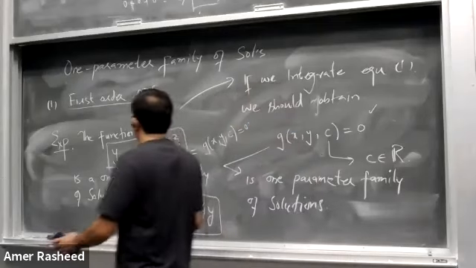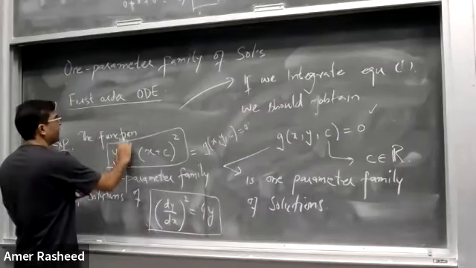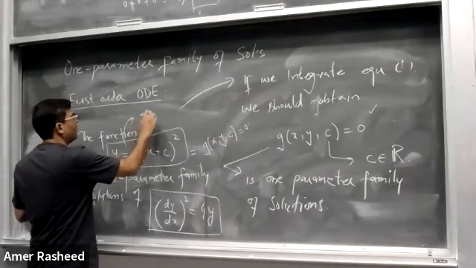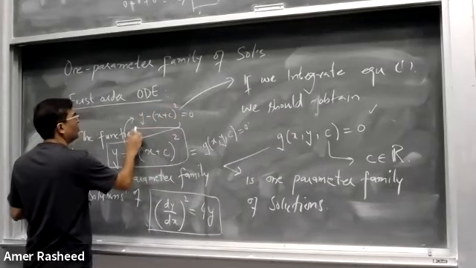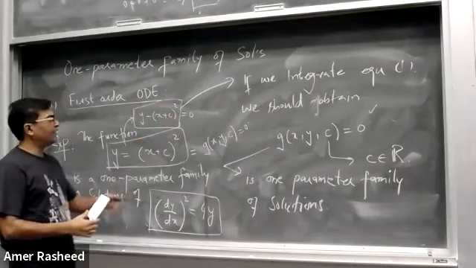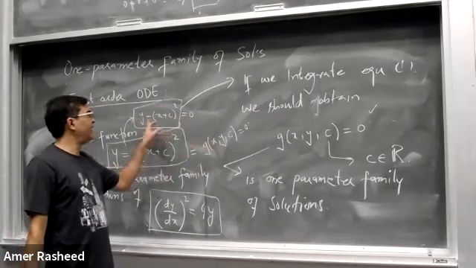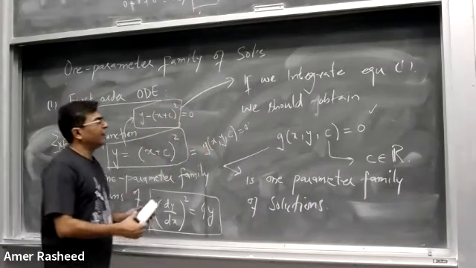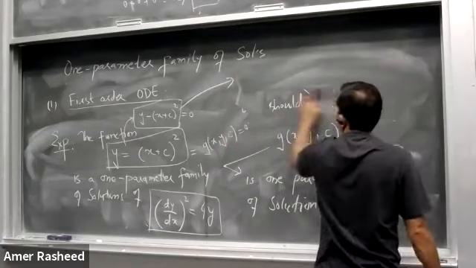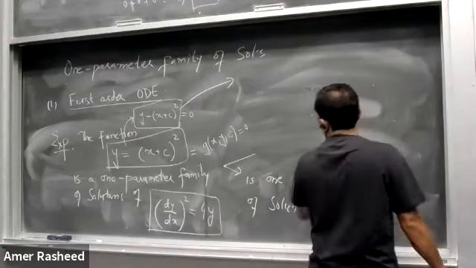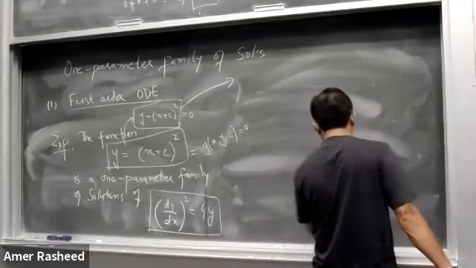We can write it in this form: y minus (x plus c) whole square is equal to 0. So this whole thing becomes g of x, y, and c. Now, if we draw its solution on the xy plane.